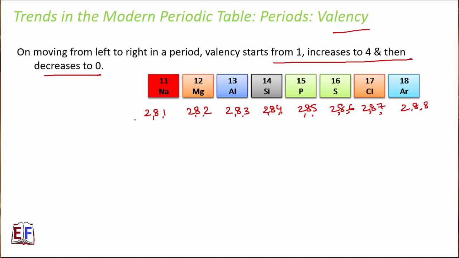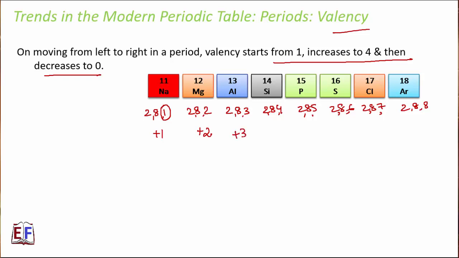Right? So for sodium, it has one valence electron. In order to be stable, what would sodium like to do? It would like to release this one electron. So the valency of sodium is +1 because it just wants to release one electron. What about magnesium? It wants to release 2 electrons. So the valency is +2.